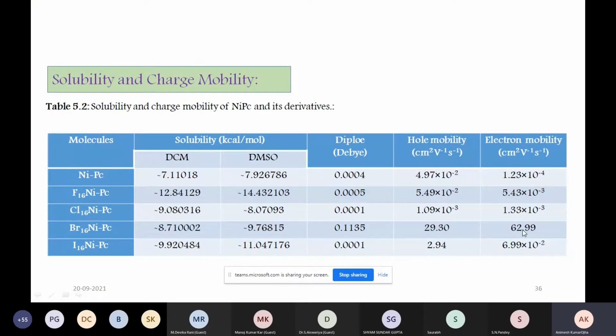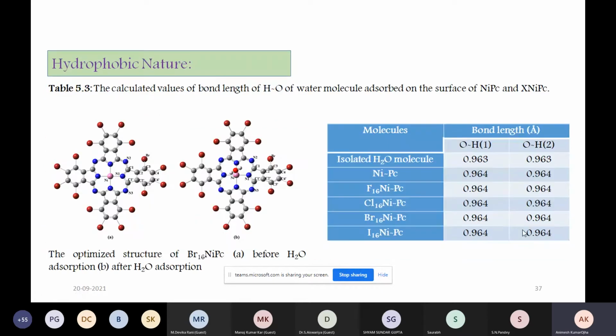So what I have done is, in order to check whether this designed material is hydrophobic in nature, we studied the interaction of this compound with the water molecule. If the molecule is interacting with the hydrogen, the OH bond should obviously change.